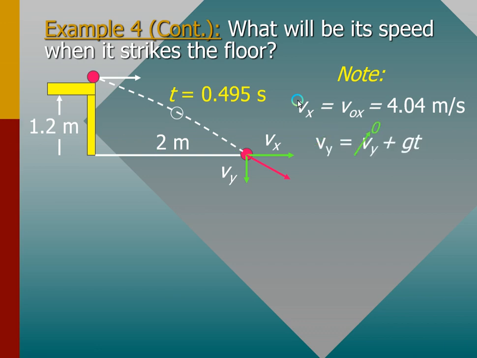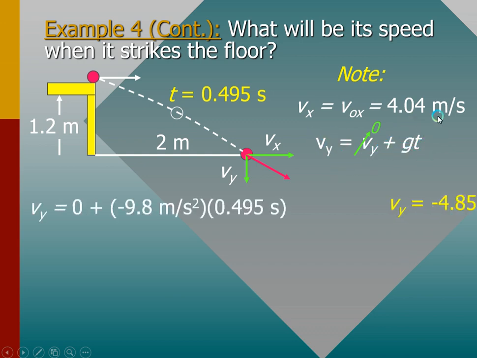So Vy is equal to Vf, from our first formula Vf is equal to Vi plus g t. So Vy is equal to g times t, which is 0 plus negative 9.8 meters per second squared multiplied by 0.495, the time. Vy is equal to negative 4.85 meters per second. It makes sense that Vy is negative because it is moving downward.